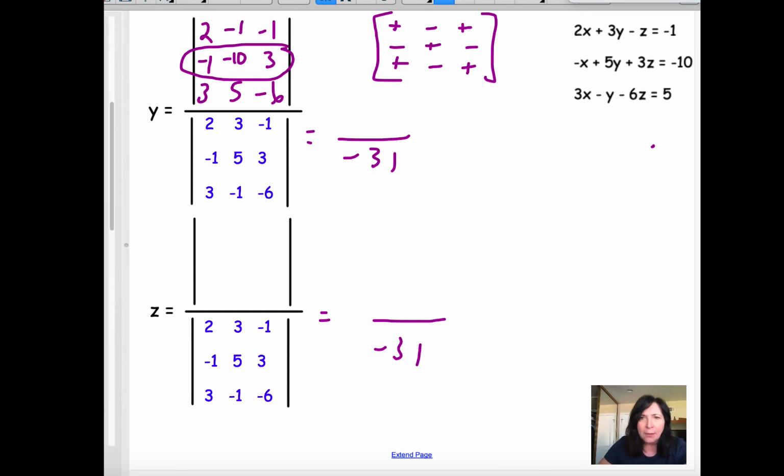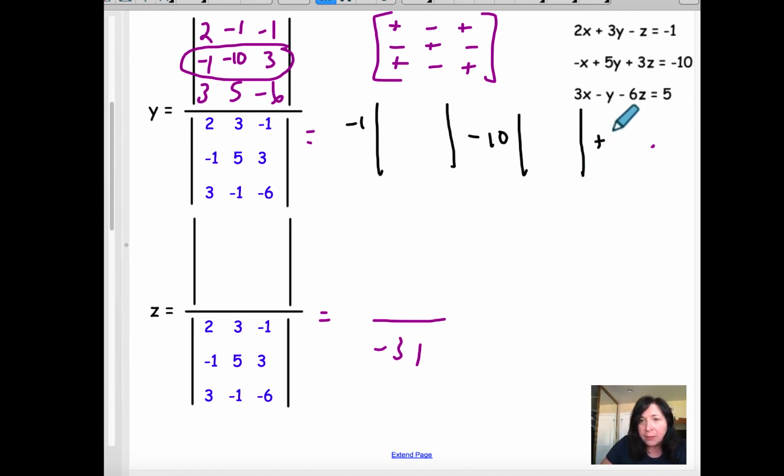And so when I'm working this out, I'm going to go, let's see, negative 1 times something. And then I'm going to run out of room, so let me move this out of the way for just 1 second. And so I'm going to have negative 1 times a value minus 10 times another value, determinant, right? Plus 3 times another value.